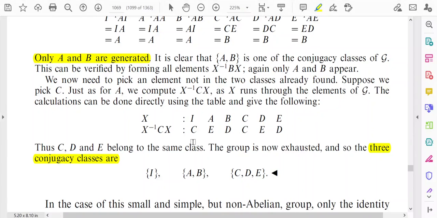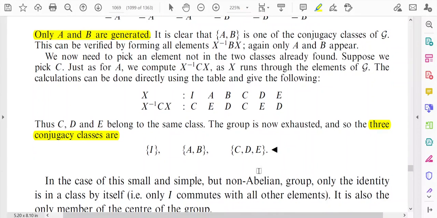E is repeated, C is repeated, D is also repeated. So in total 3 elements have been generated, that is C, D and E. So these 3 elements also form a class.